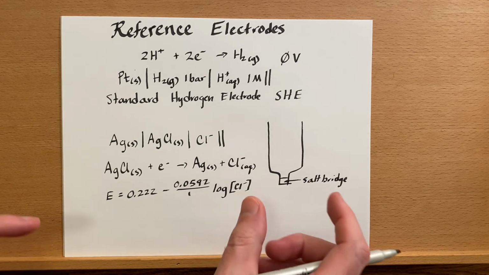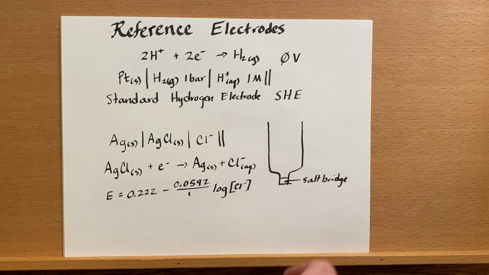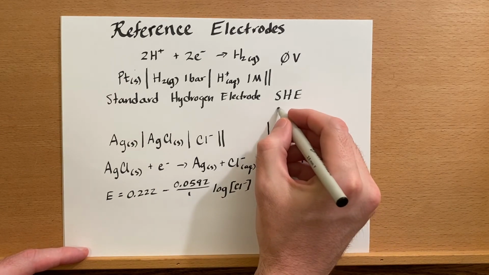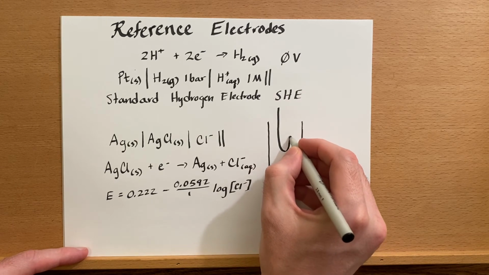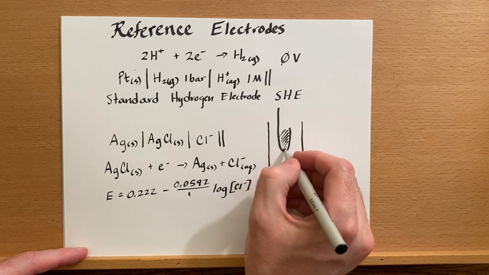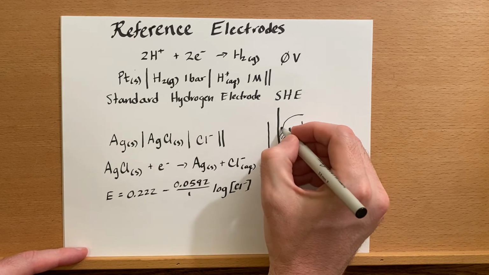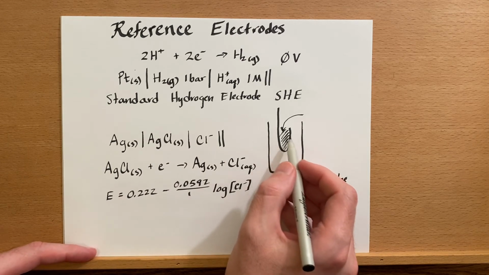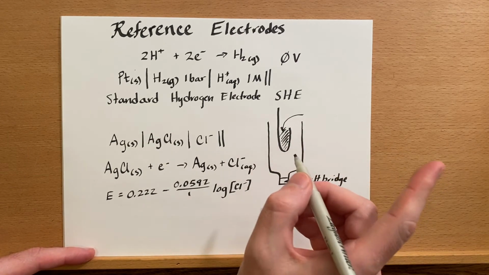We can just have this all in one neat package and then dip the electrode in whatever solution we want to measure. And we'll have a silver wire. It's kind of in a little loop. And in the middle of this loop, we're going to pack in some silver chloride. Because these are both solids, they need to kind of be right next to each other in order for a reaction to happen.